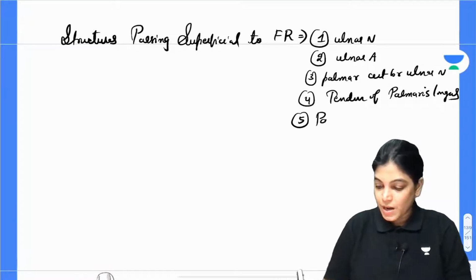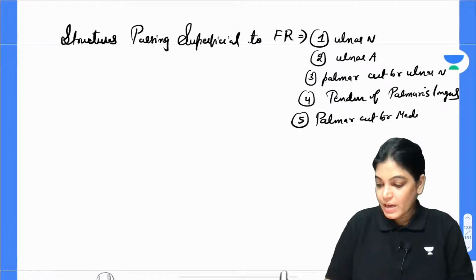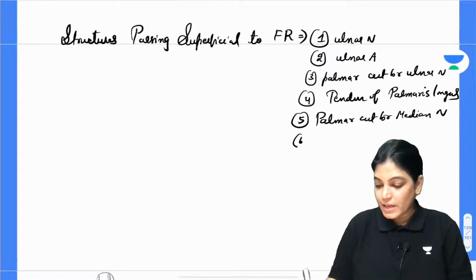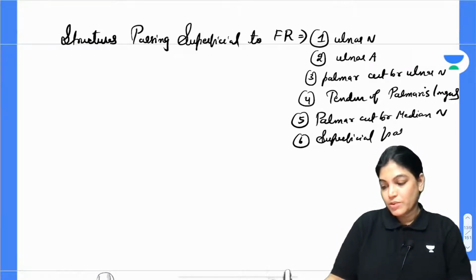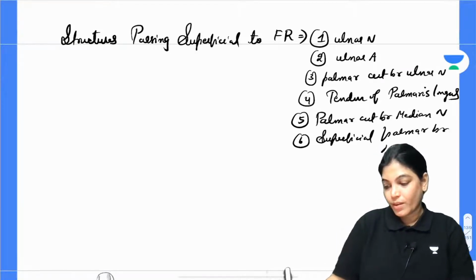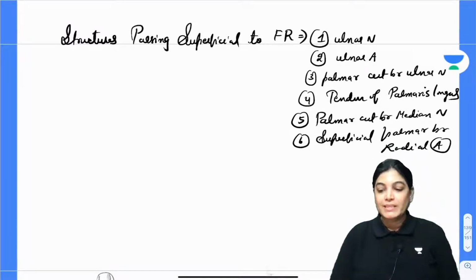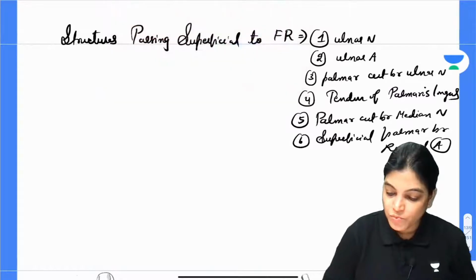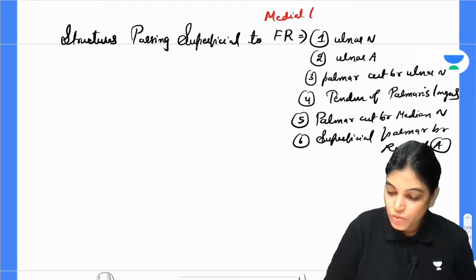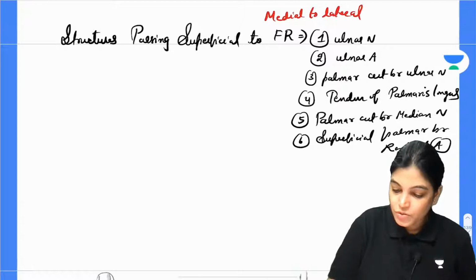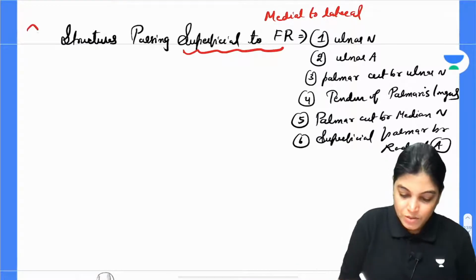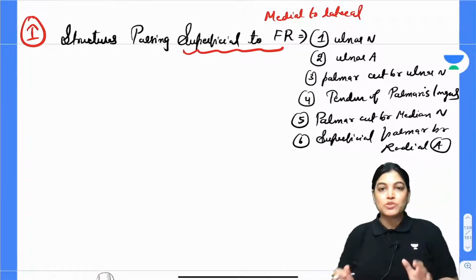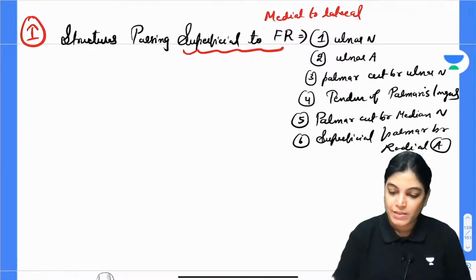The fifth structure is palmar cutaneous branch of median nerve, and the lateral most structure is superficial palmar branch of radial artery. So these are the structures, as we move from medial to lateral, passing superficial to flexor retinaculum. This is one.